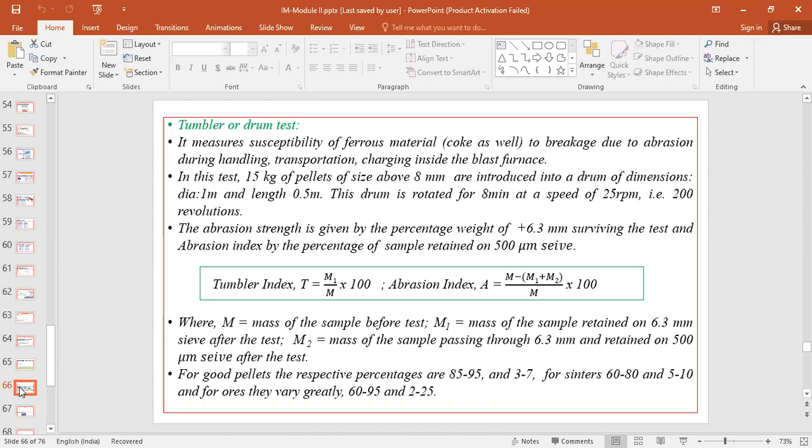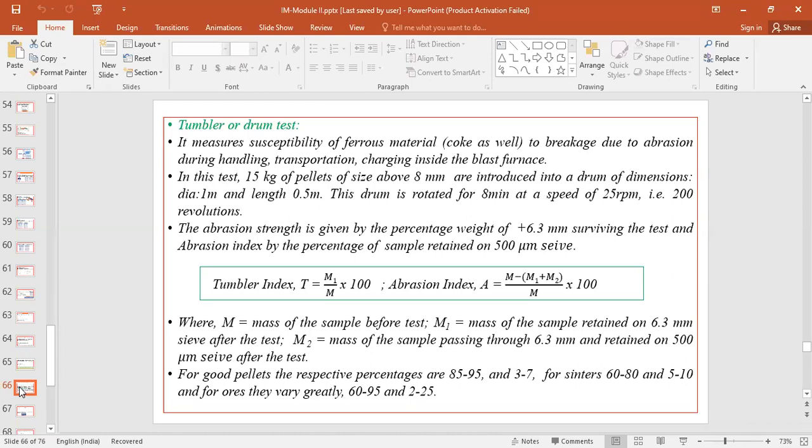The procedure for this experiment is initially we need to take 15 kg of pellets of size above 8 mm, and that is to be introduced into the drum of dimensions 1 meter diameter and 0.5 meter length. These are standard dimensions of the tumbler drum, and this drum is allowed to rotate for 8 minutes at an RPM of 25.